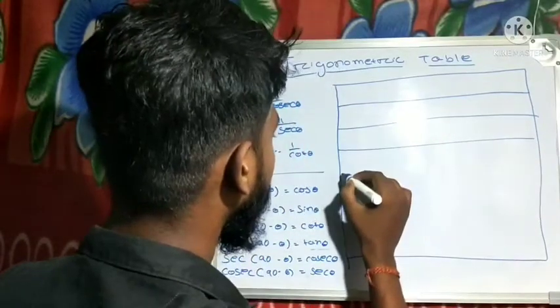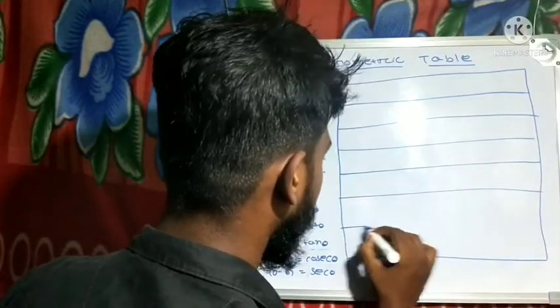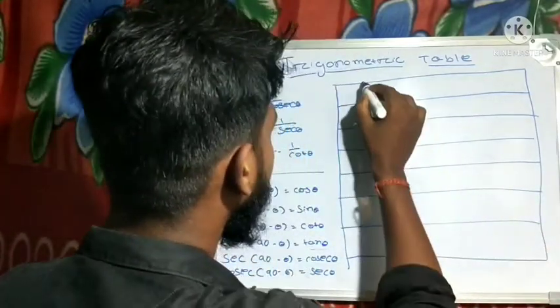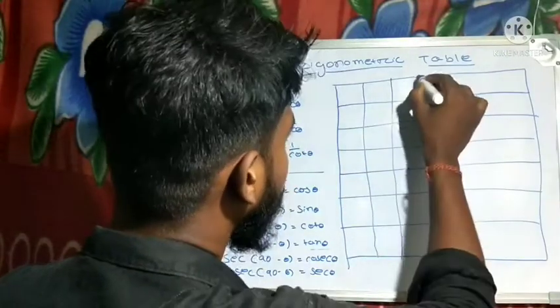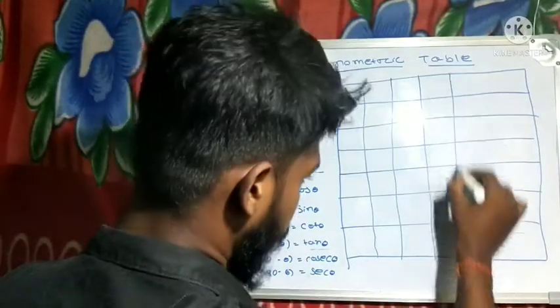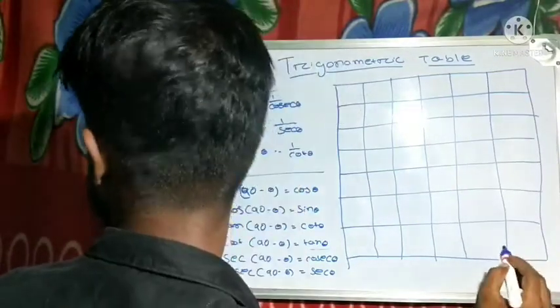Wait, 1, 2, 3, 4, 5, 6, 7. Then this will be 0 degree, 30 degree, 45 degree, 60 degree and 90 degree.